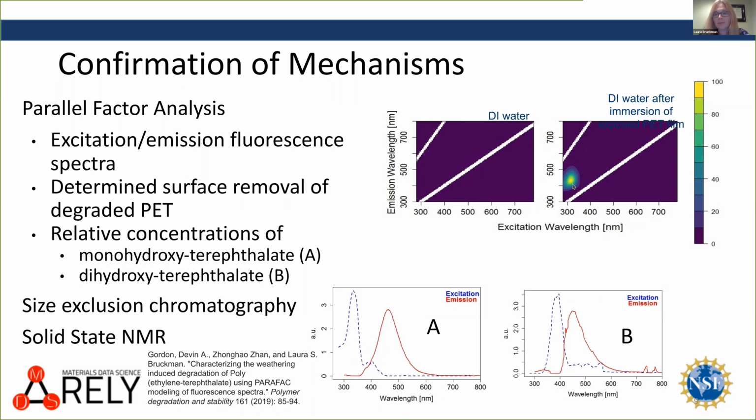And with parallel factor analysis, we were able to model the monohydroxy and the dihydroxy substitution of the terephthalate ring and how much relative they were there. And we've done this in other studies with PET films. So we want to make sure we're confirming our mechanisms. This could include size exclusion chromatography, solid state NMR, etc.